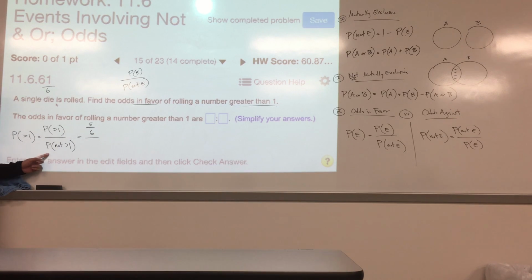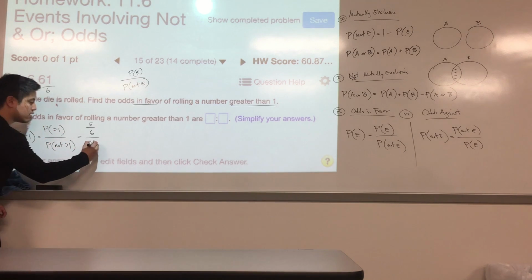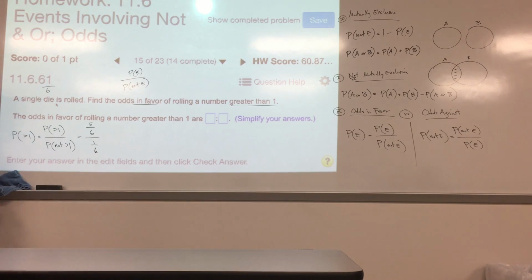What's the probability of not rolling something greater than 1? 1, because the number 1 is the only one that is not greater than 1, so the probability of not getting something greater than 1 is 1 out of 6. You with me so far, everybody? Okay.